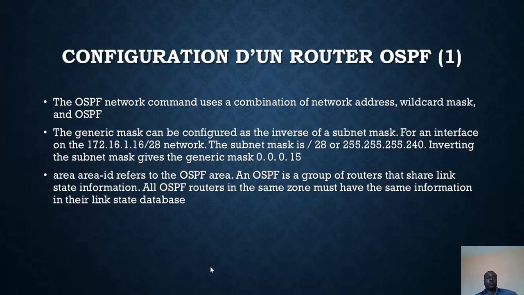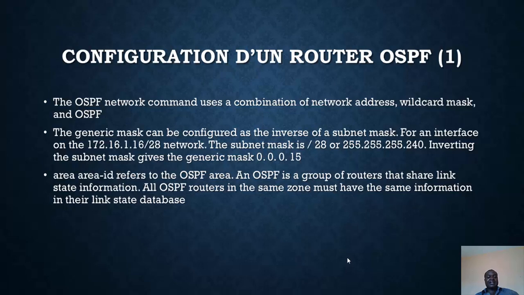Configuration of router. On the next page, the OSPF network command uses a combination of network address and wildcard mask. This wildcard mask can be configured as the inverse of the subnet mask for an interface.